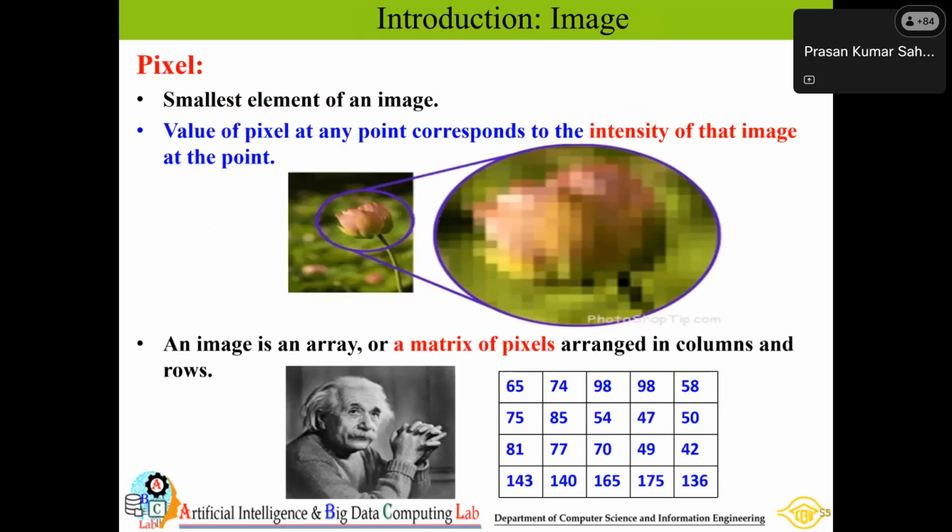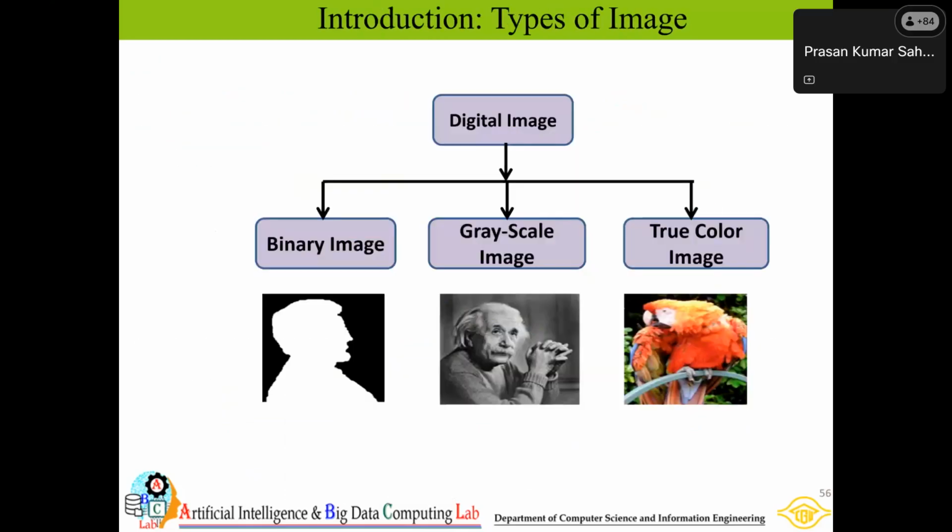So we can say an image is nothing but a matrix of pixels having different pixel values, and that image could be a binary image, black and white, a grayscale image, or a true color image. So accordingly, we have to design the deep learning model.